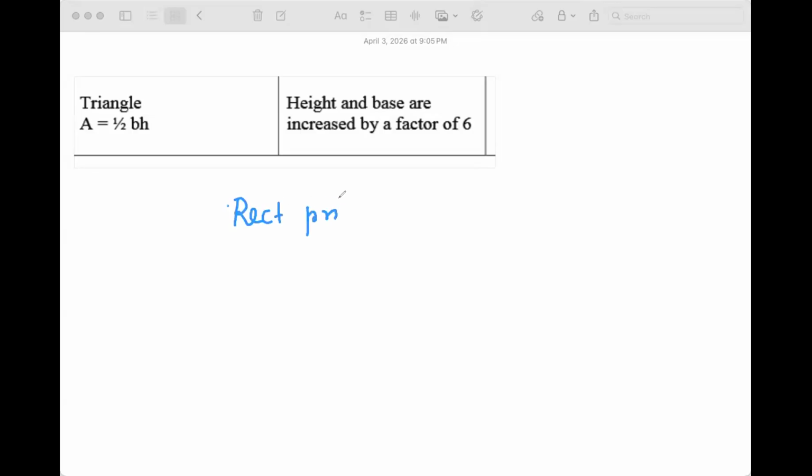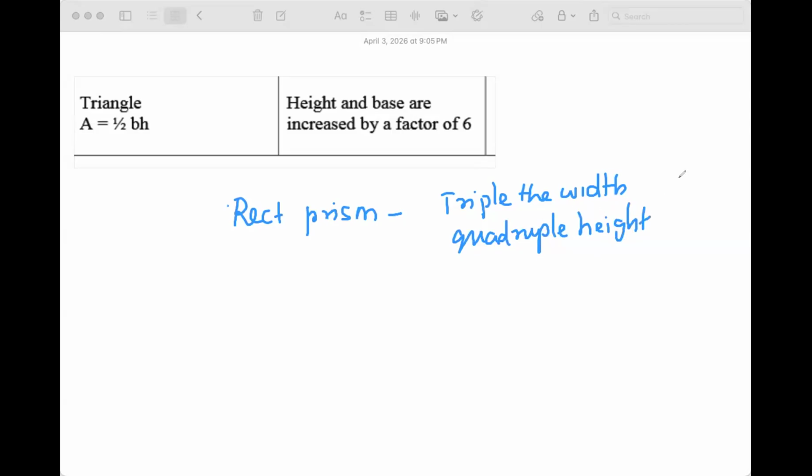Rectangular prism, triple the width, quadruple the height. What happens to the new volume? Compare with original volume.